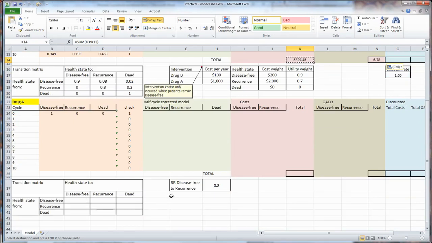The only thing that changes is the transition matrix. So here we know that we've got an estimate that the treatment effect of drug A relative to drug B is that the risk of recurrence is 0.8 of the risk of recurrence for people receiving drug B. And so we need to estimate the transition matrix.